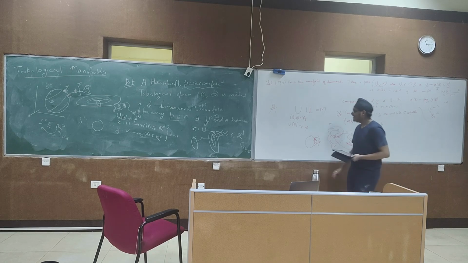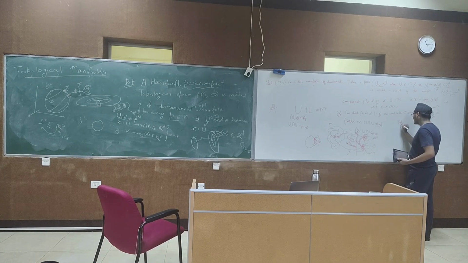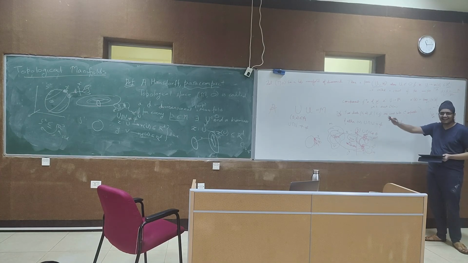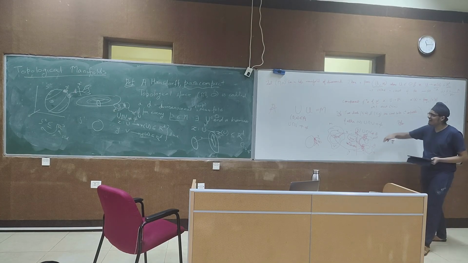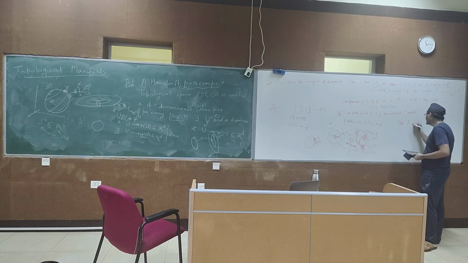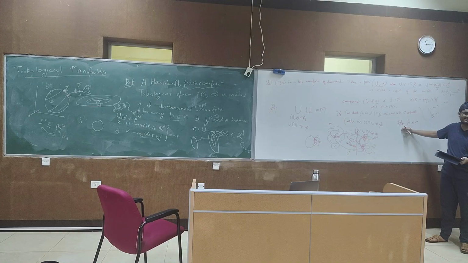Now, another definition, but a very small definition. An atlas is said to be C0 if any two charts in the atlas are C0 compatible.